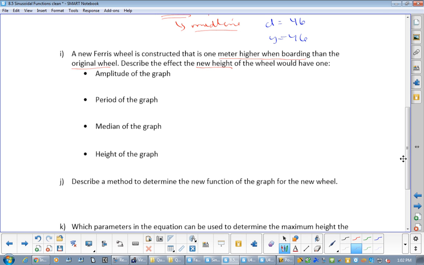Now, if you were doing, say this was the old one, okay, the new one, because it's 1 meter higher, the new one should kind of do this, right?